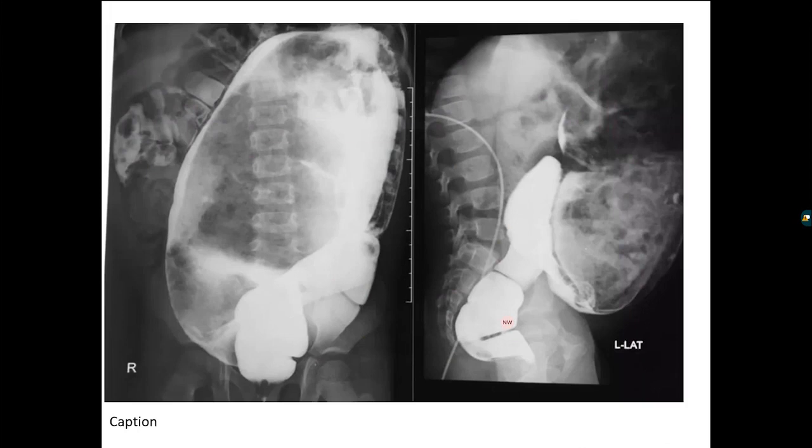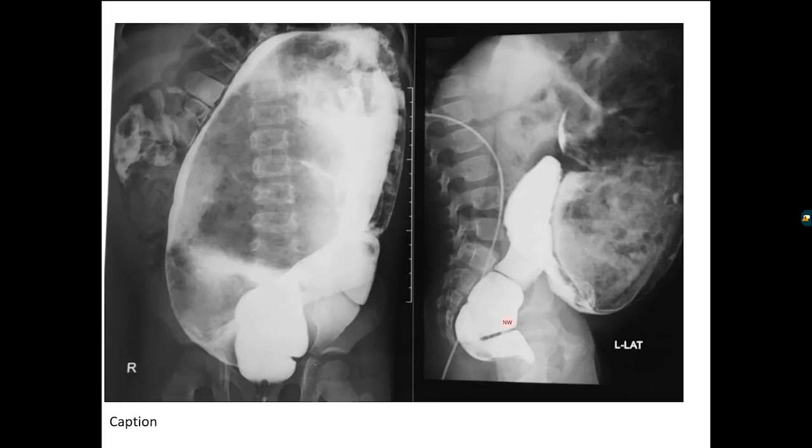And this shows you a lower GI contrast image in a baby with suspected distal bowel obstruction. This baby presented with classic features of intestinal obstruction, namely bilious vomiting, distension, and delayed passage of meconium. The next step, we took a plain X-ray of the abdomen, which showed features of distal bowel obstruction. That was followed by a digital rectal examination, which revealed a gush of air and stools, that was pathognomonic of Hirschsprung disease.